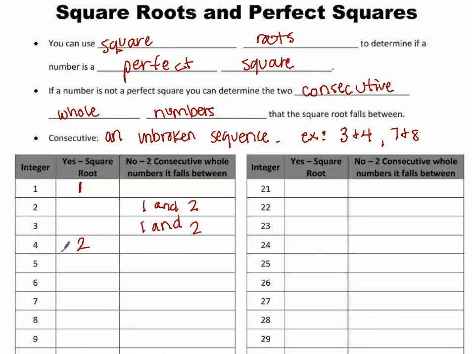Square root of 5 is not a perfect square, but it falls between 2 and 3. The same is true for 6, 7, and 8.